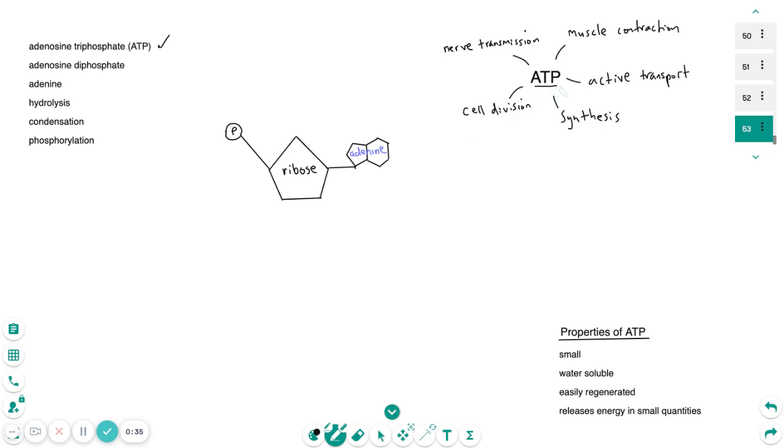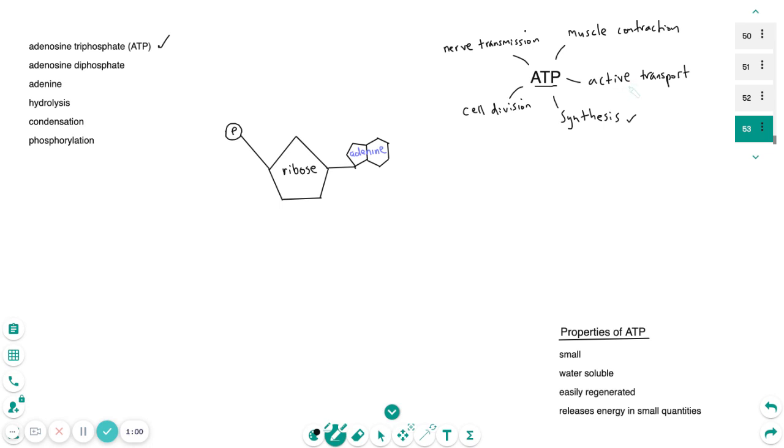So once we've got ATP, we can do lots of things that require work. Muscle contractions, any type of movement really. That could be cell division as well. Making things, building things, for example, protein synthesis. These things require ATP. Moving things in and out of cells.